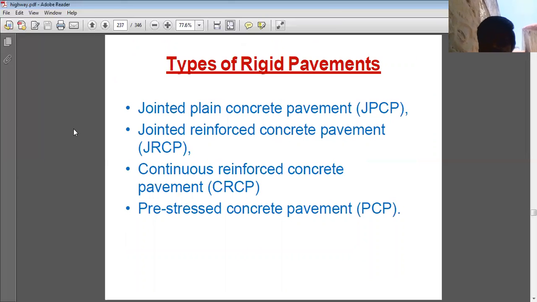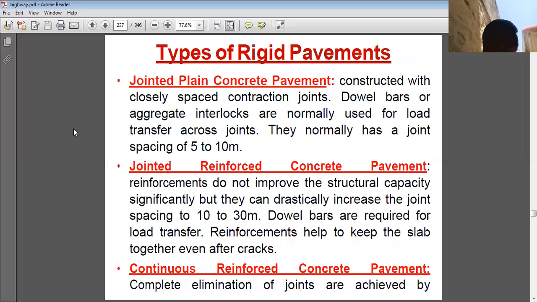Next, types of rigid pavements: jointed plain concrete pavement, jointed reinforced concrete pavement, continuous reinforced concrete pavement, pre-stressed concrete pavement. Jointed plain concrete pavement consists of concrete slabs constructed with closely spaced contraction joints. Dowel bars or aggregate interlocks are normally used for load transfer across joints. They normally have a joint spacing of 5 to 10 meters.